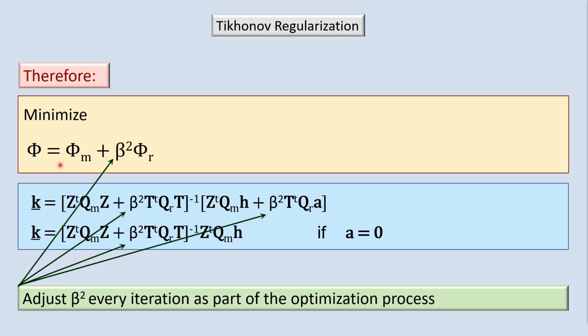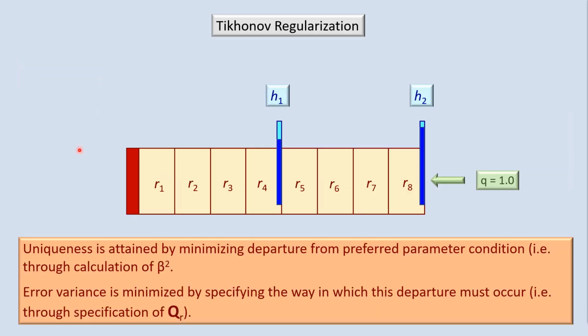It probably won't attain it in one iteration because the model's non-linear, but we will guarantee that we will get a phi m that is equal to phi t but no lower. And in so doing, we don't overfit. And in so doing, we attain uniqueness of the inverse problem.